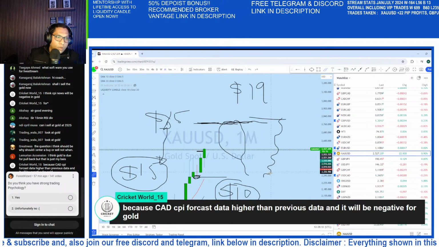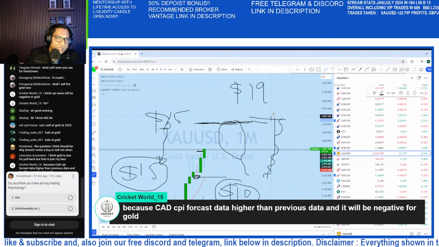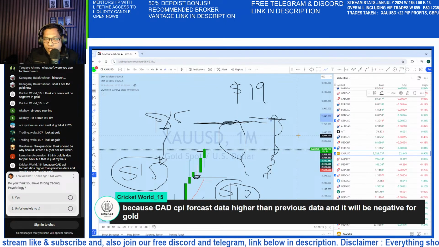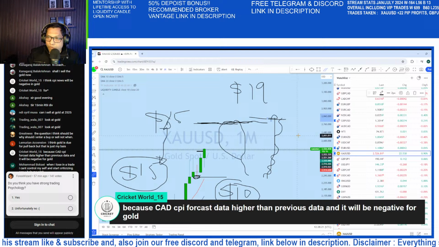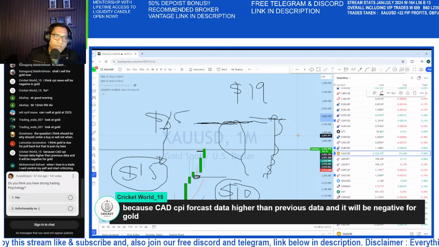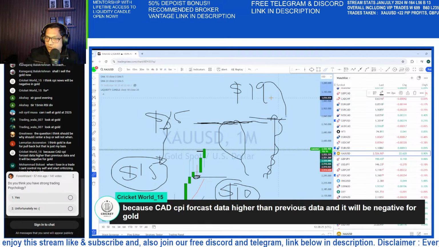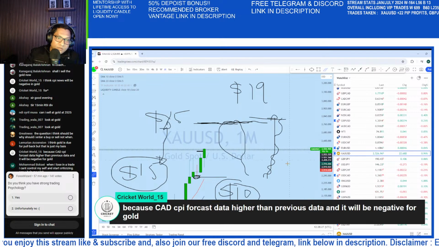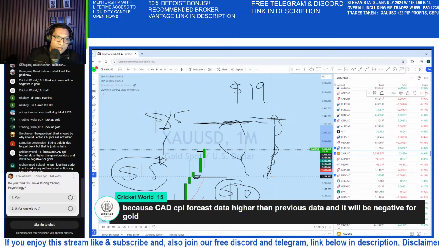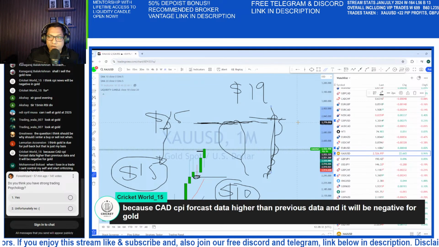So this appreciation because of the forecast has already happened over this period of time. It could even be the other reversal. There are many factors. Forecast higher doesn't mean it's gonna go up.